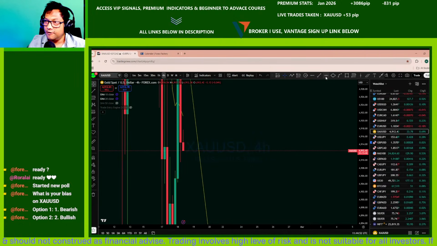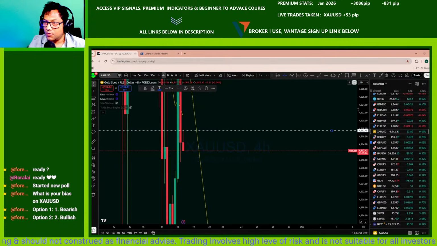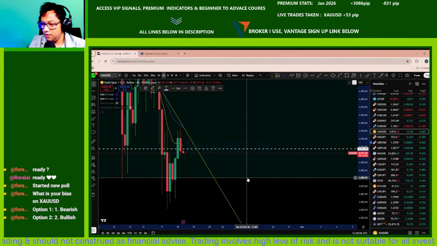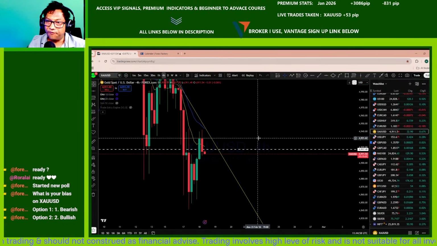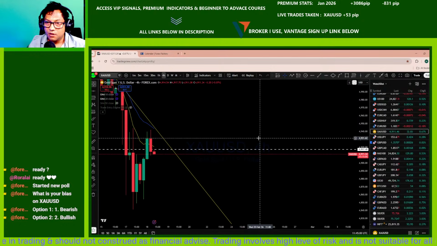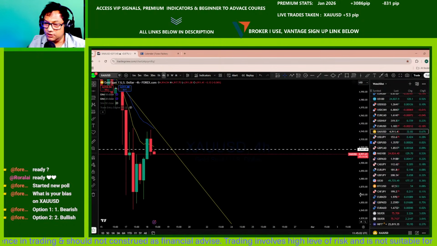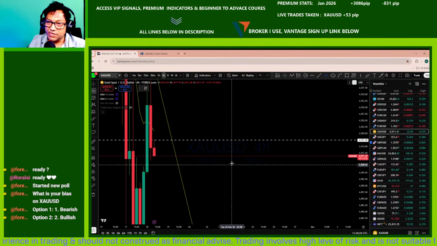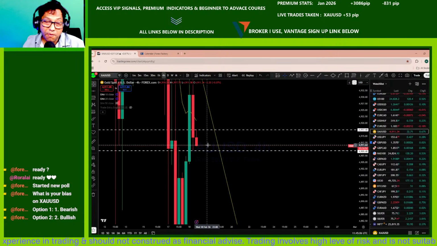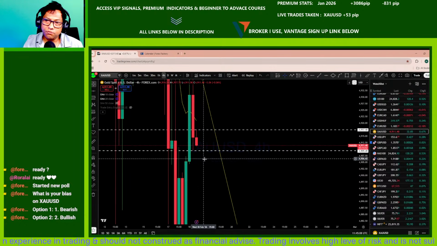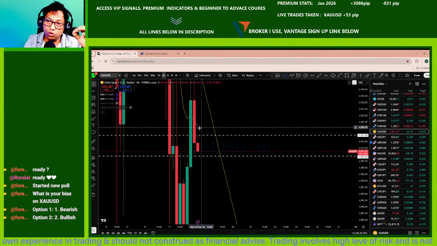This is the 4 hour high, this is the 4 hour level, and this is the previous session's low. The market might break that low, could bounce back up, or you could see continuation.